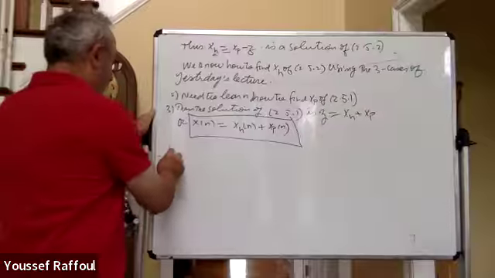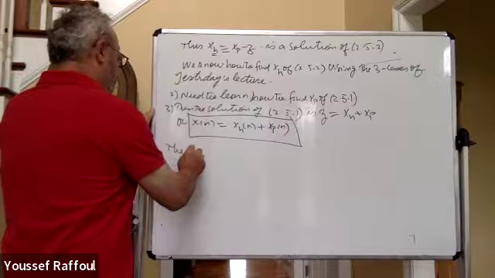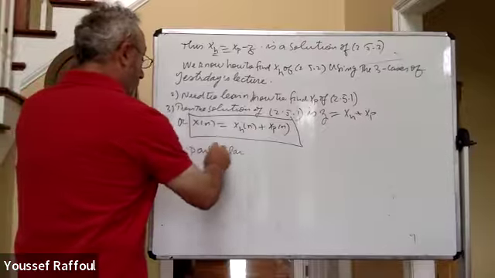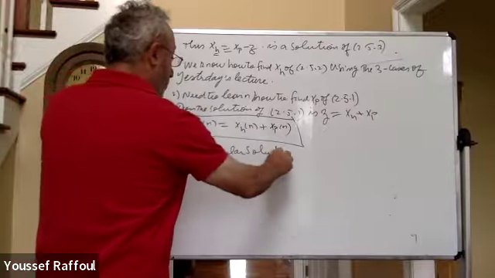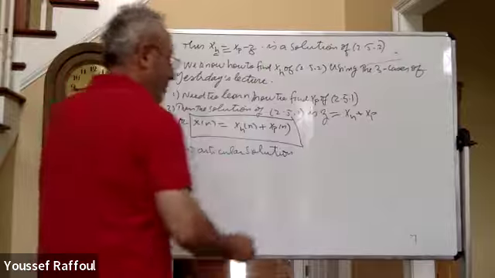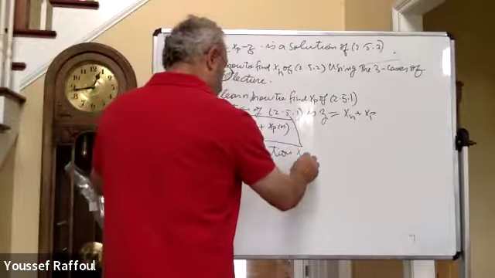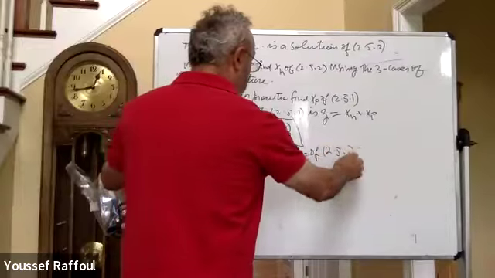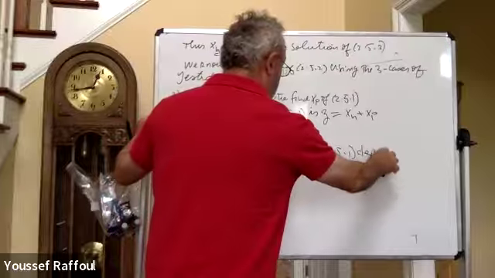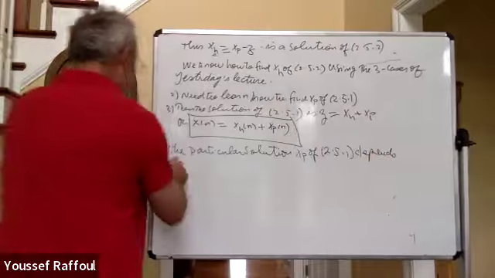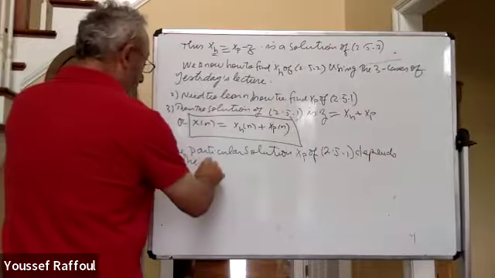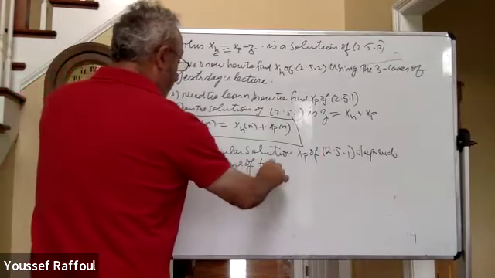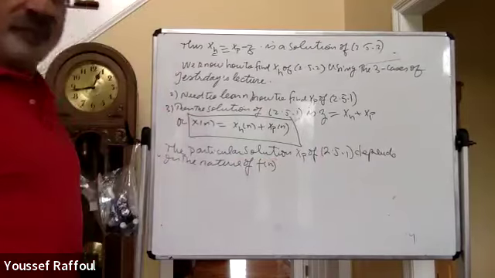So the particular solution x_p of 2.5.1 depends on the nature of f_n. Okay?